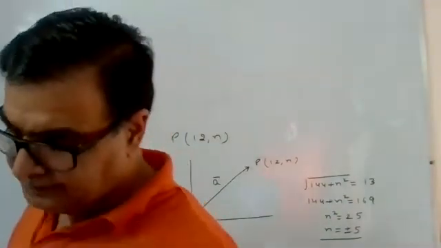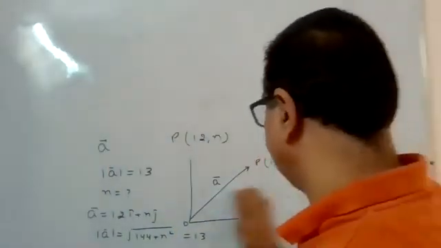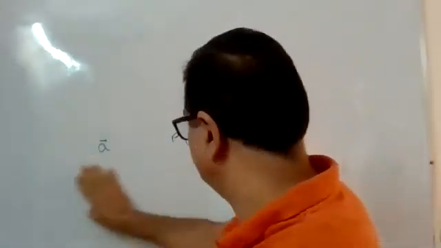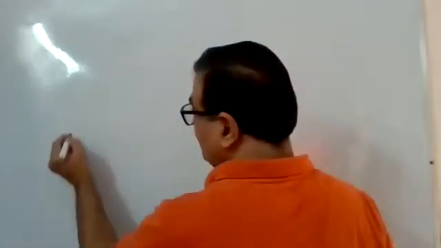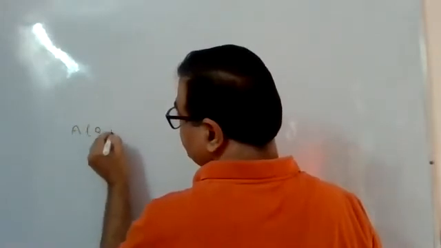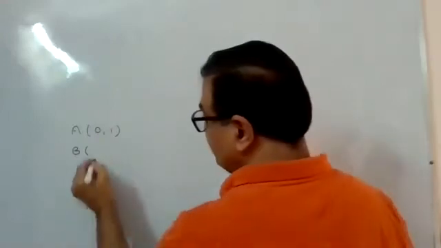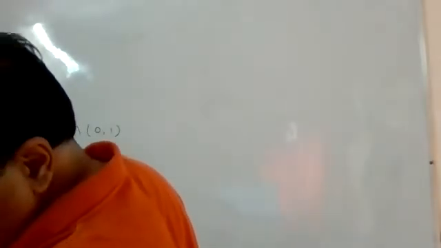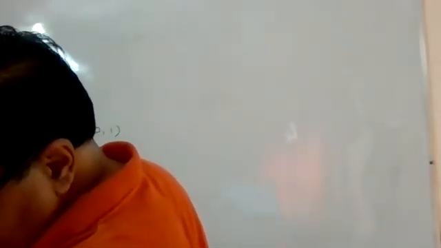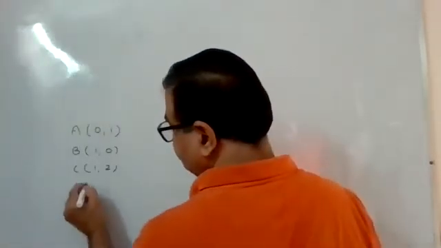Next question, please. If the point A is 0, 1, point B is given as 1, 0, point C is 1, 2, and point D is given as 2 comma 1.